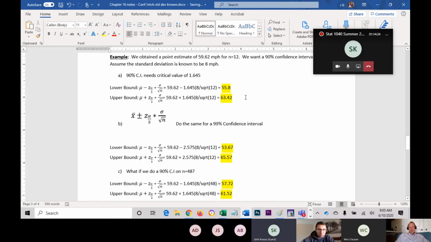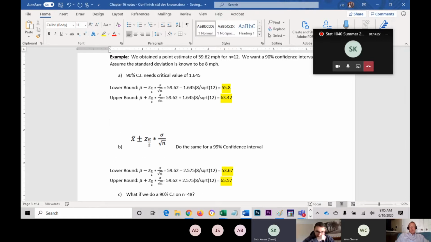Actually, I should ask this question before I do that. Based on part A, what is the margin of error in part A? It must be Wes's turn because we don't have very many people to ask today. Can you tell me how to figure that out?